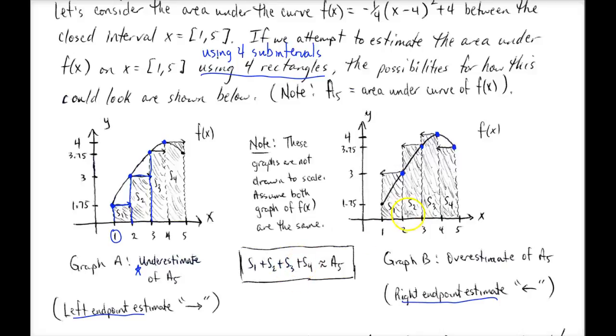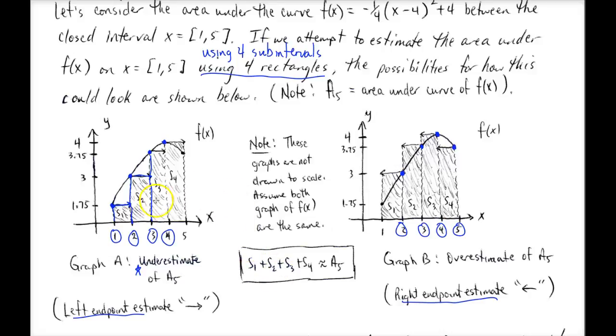Whenever I do a left endpoint estimate, I am using the x values x equals 1, 2, 3, and 4. Of all the x values available to me, these are the leftmost ones that I singled out. For the right endpoint estimate, I'm using the ones that are further skewed to the right.